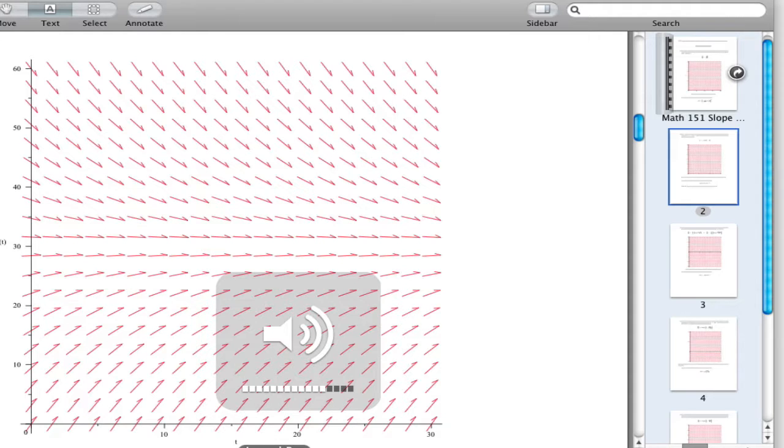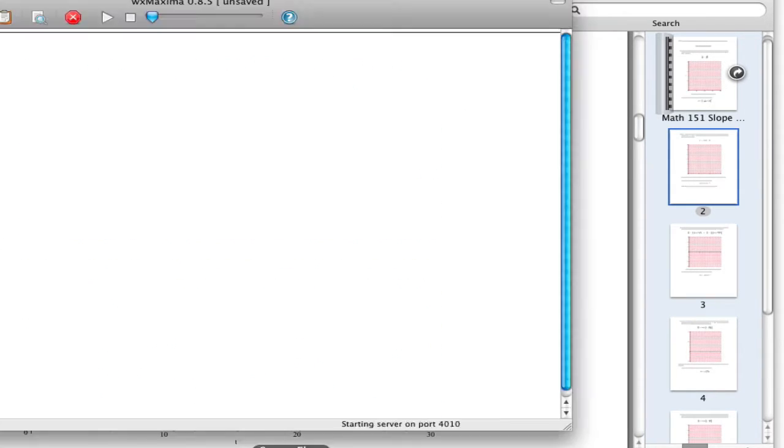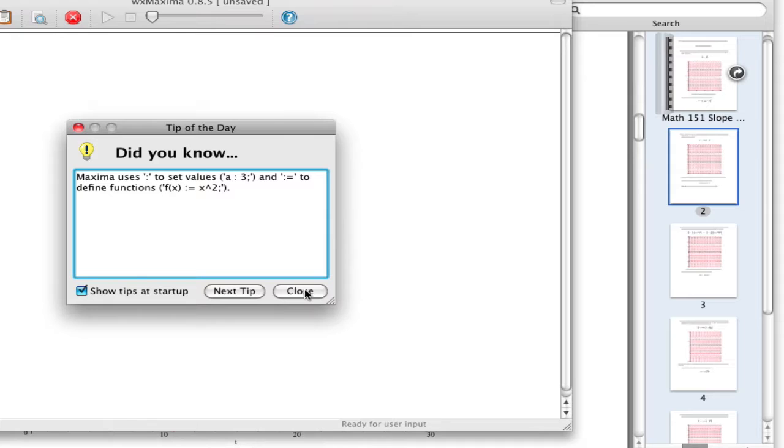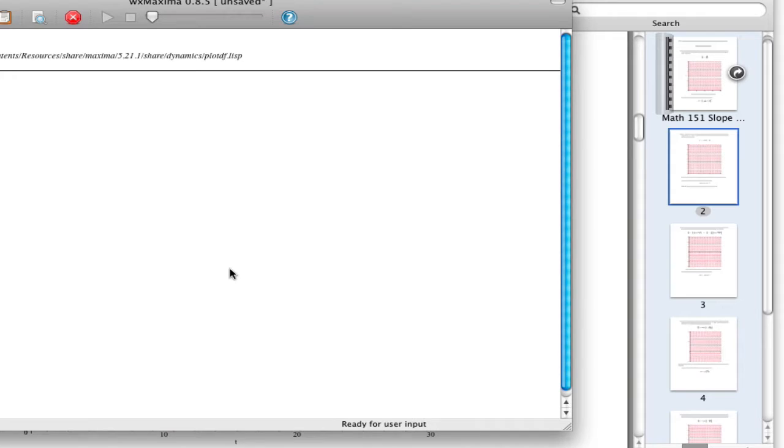Maybe we should bring one up. Let's bring out our old friend, Maxima. You guys remember? Load plot df. I put df plot the first time and that was wrong.